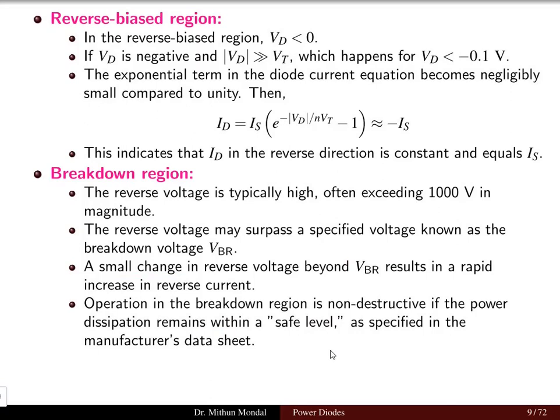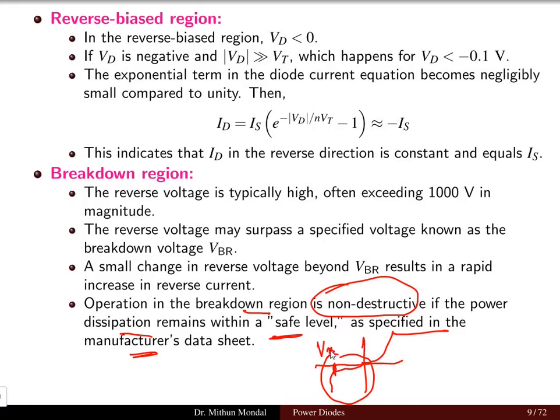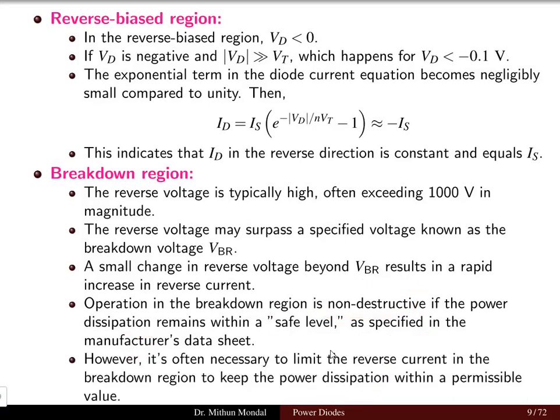Operation in the breakdown region is non-destructive if the power dissipation remains within the safe level as specified in the manufacturer data sheet. So whenever you are providing a potential in the reverse bias region, you should not reach the breakdown voltage, otherwise a heavy current will start flowing in the reverse bias and the diode will break, which is known as avalanche breakdown.